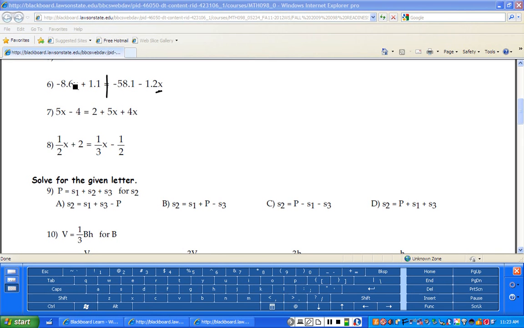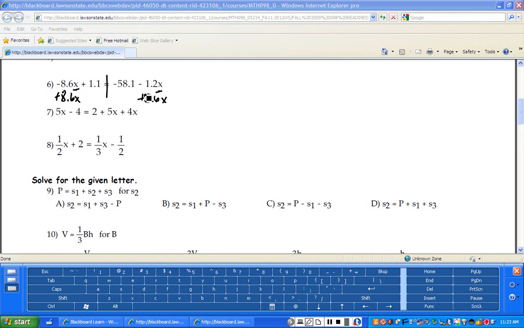Because negative is opposite of positive, this negative 8.6 is actually smaller than negative 1.2. So we're going to move the negative 8.6 by adding 8.6x. Add 8.6x to both sides. Okay.